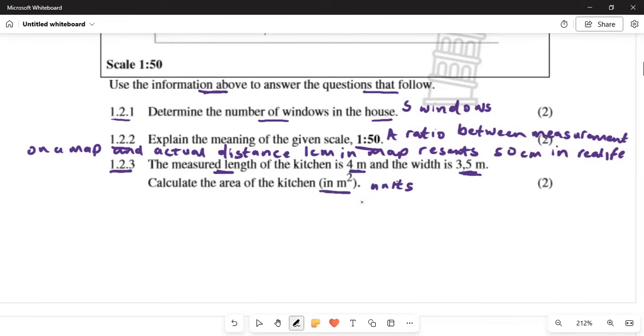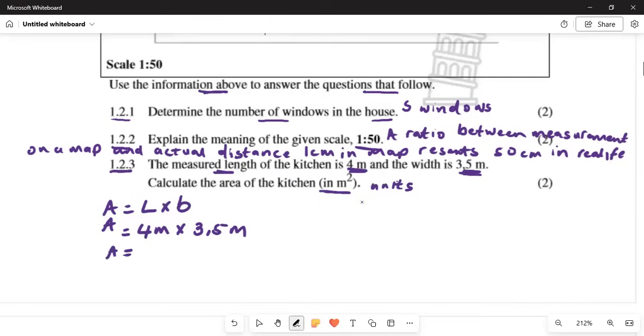So how are we going to calculate that? We know that the area is equal to length times breadth. For the kitchen, the length is 4 meters, times the breadth, the width, which is 3.5 meters.